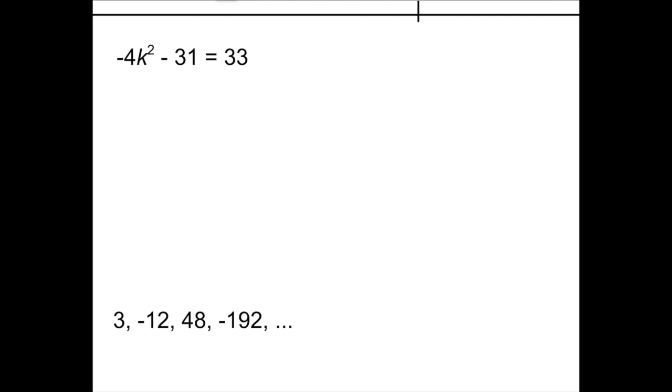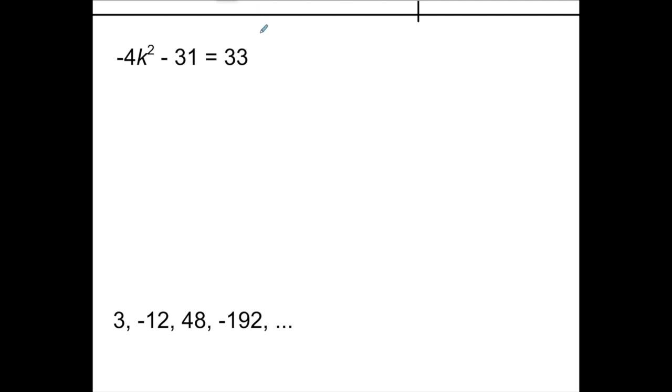I'll be straightforward and tell you both of those methods could potentially work here. In theory, we could move the 33 over and see if we have a difference of squares, or we could use square roots because there's no b value. That's telling me, if you look on the left, there's no something k or negative something k. So the square roots method is a possibility.